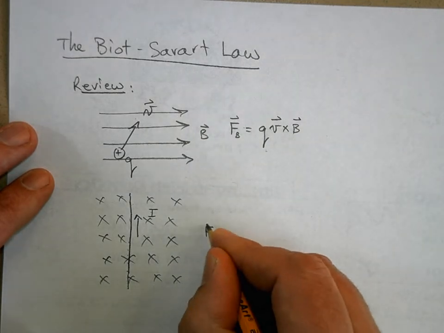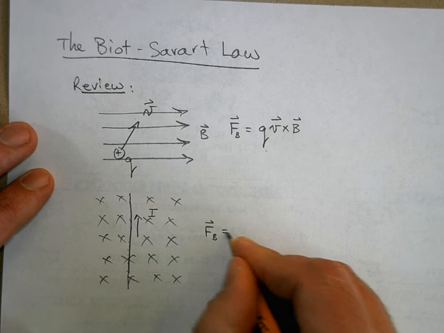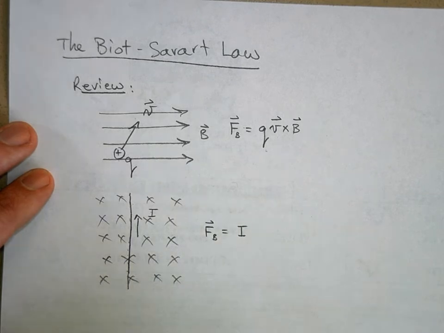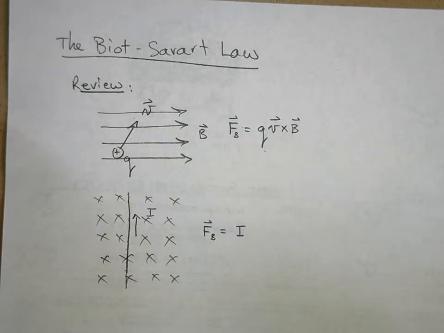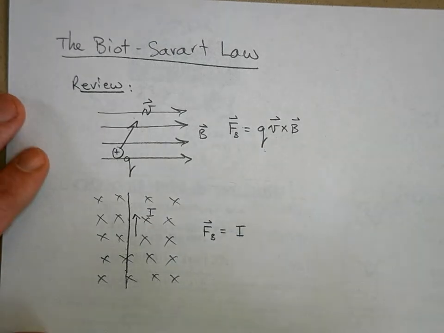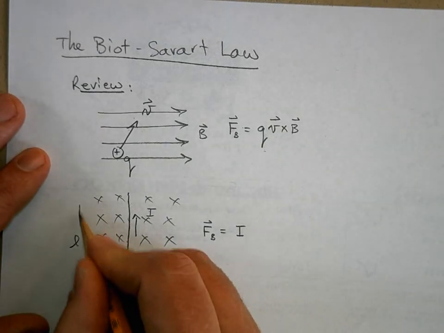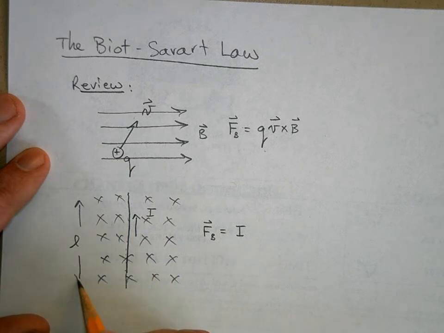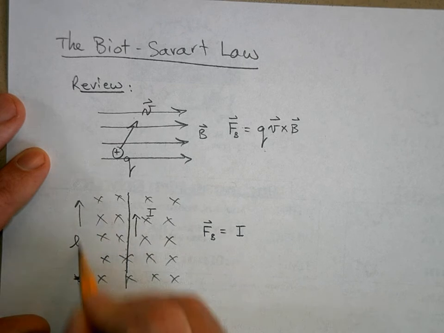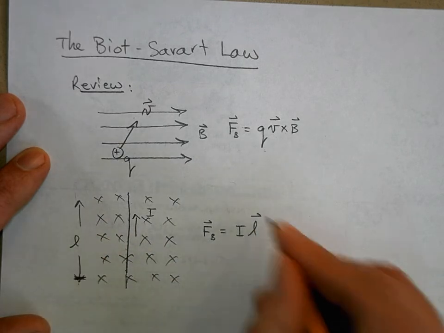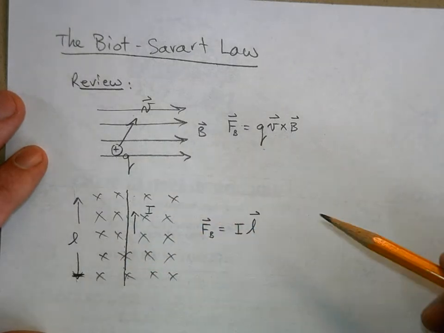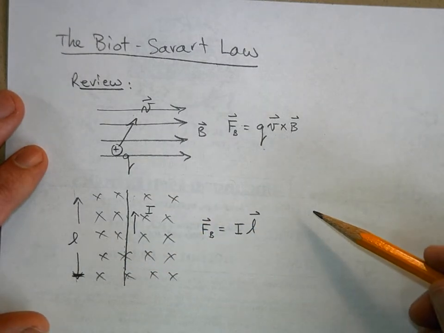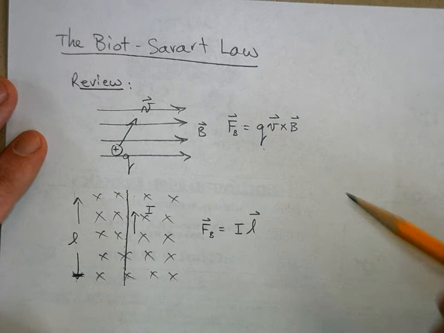And you can show that the magnetic force on the wire is directly proportional to the current. The more current you put in there, the more force you're going to experience. That makes sense. We're going to call this L, and the direction of L really is the direction of the current. Current itself, remember, is a scalar, but the displacement of the charges moving in that wire is a vector.